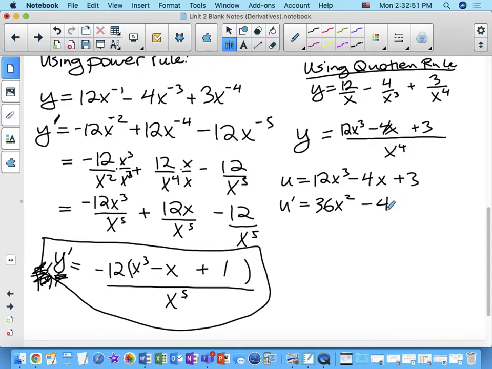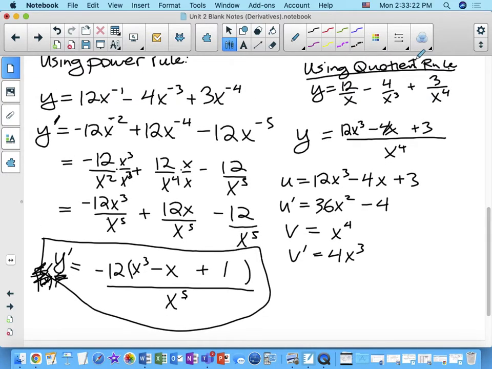And v is x to the 4, which means v prime is 4x cubed.